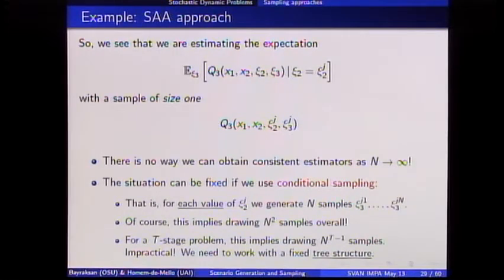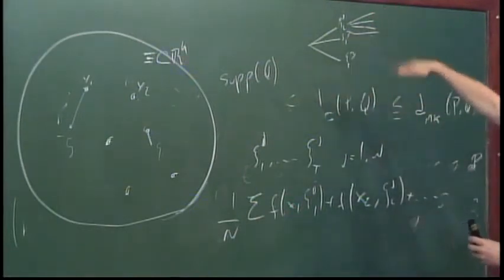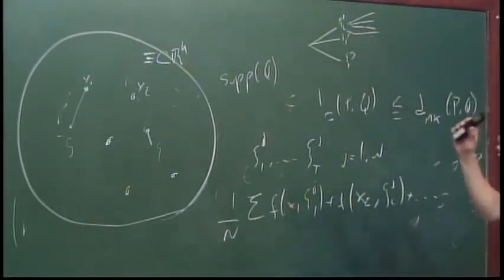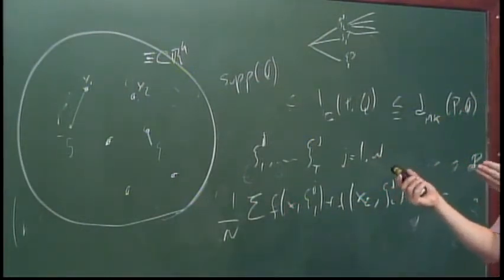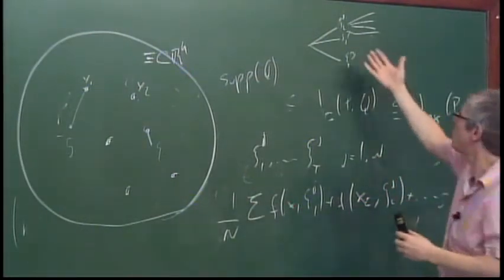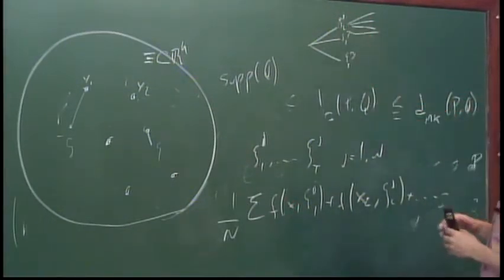It's not practical. So the best we can do, computationally speaking, is work with a fixed tree structure. I have to limit the size of my tree. I cannot just keep taking as many branches as I want. I will work with a fixed tree and do the best I can with that structure. Let's say I can afford 10 nodes per stage.